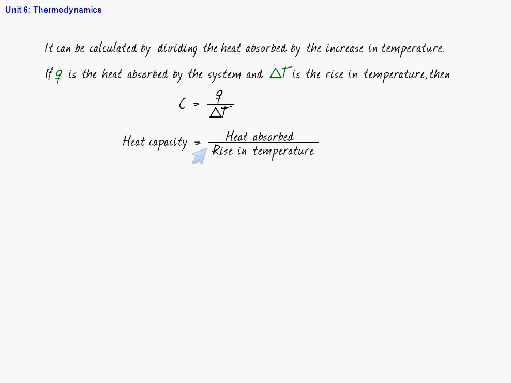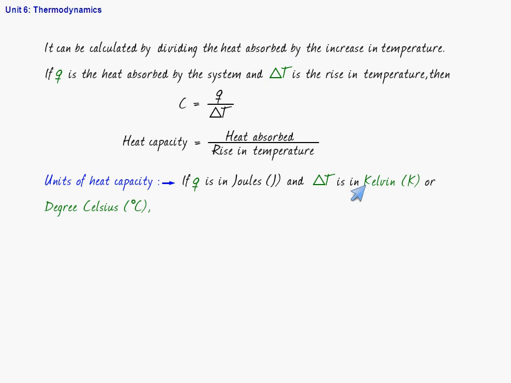Now what are the units of heat capacity? Well, if Q is in joules and delta T is in Kelvin or degrees Celsius, then the units of heat capacity are going to be joule per Kelvin or joule per degree Celsius. Now, the heat capacity is of two types. This is important.